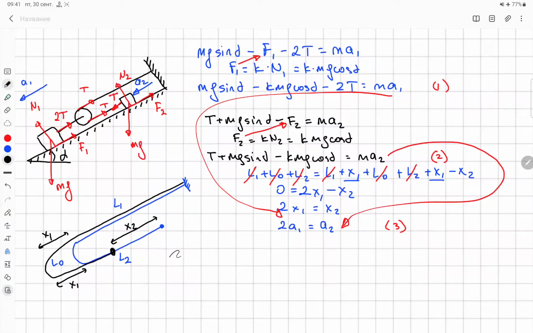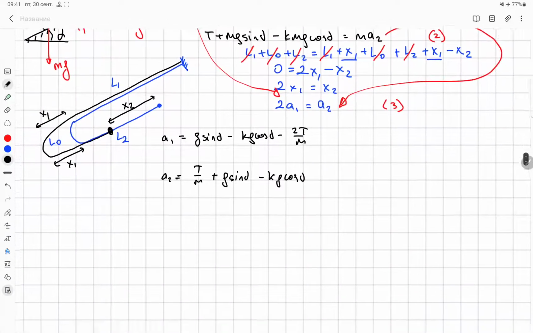A1 from equation number 1, let me divide both sides by m. So a1 equal to g sine alpha minus kg cosine alpha minus 2T over m. A2 from the second equation, let me again divide both sides by m. So T over m plus g sine alpha minus kg cosine alpha.